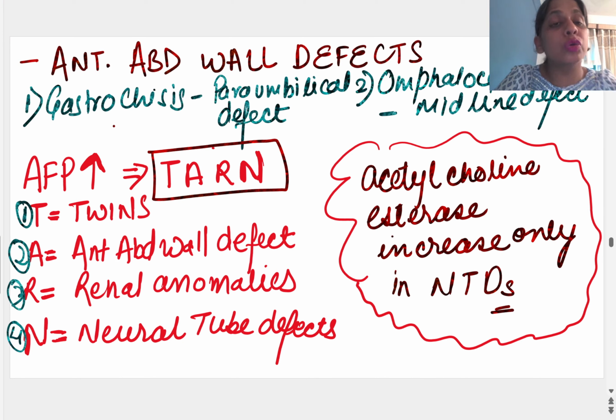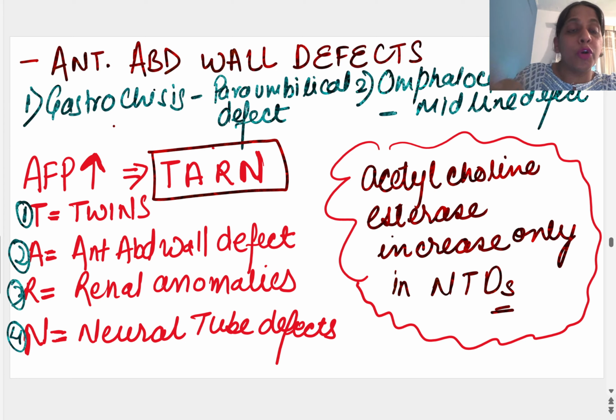So if we don't have a good radiologist, we can get the alpha fetoprotein checked in the maternal serum, and if it has increased, then these four probabilities are there. Either it can be twins, TARAN: T stands for twins, A for abdominal wall defects, R for renal anomalies, and N for neural tube defects.